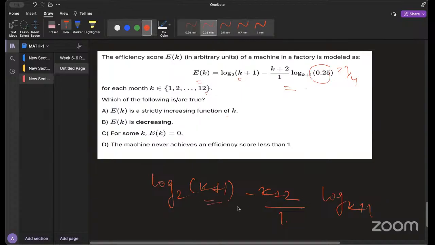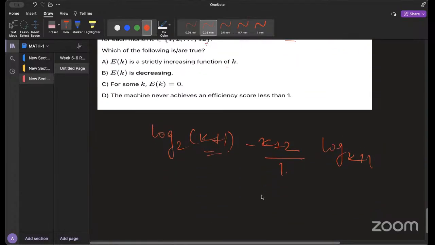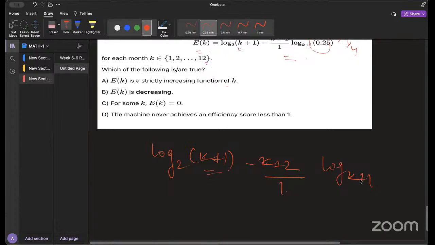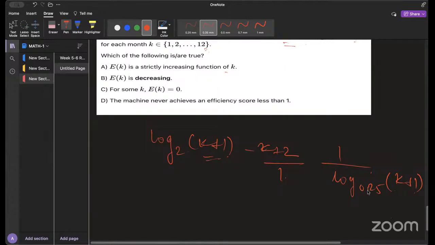Change it from here if that helps. That was 0.1 by log 0.25 and k plus 1. Have this thing, and we need to find if this is an increasing function or decreasing.